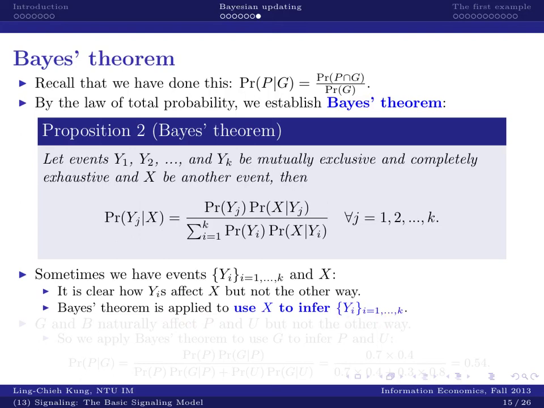So now you realize why we need Bayes' theorem. For example, if I am offering a warranty to consumers, consumers are using whether I am offering a warranty to infer the reliability of my product. That's something we will do in the next video.